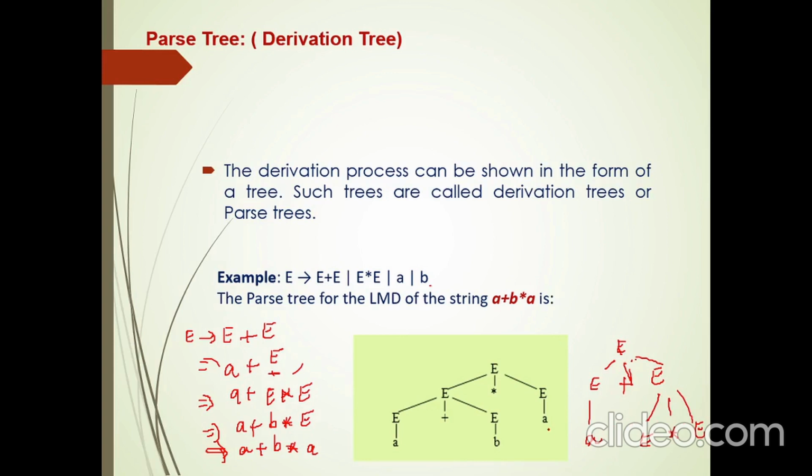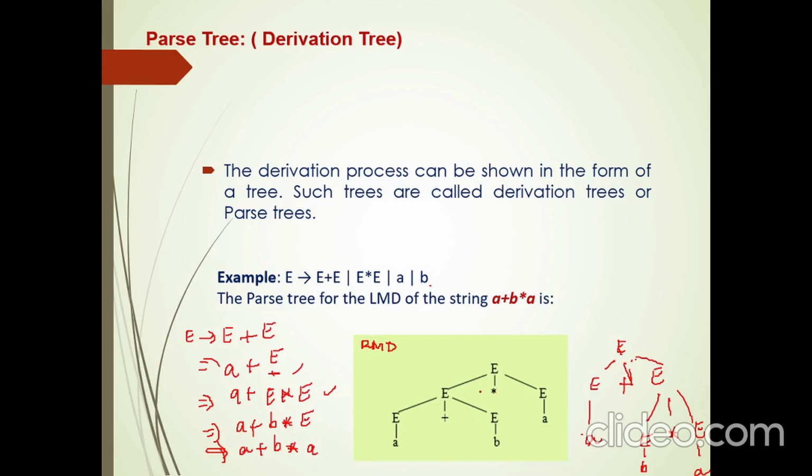Now look at the leaves. It is giving you each step of the derivation. A plus E star E. Now I am at this place. Next I have to get B. So this should give you B. Now look at the leaves of the tree: A plus B star E. Next A plus B star A. So this is based on the LMD, and this one has a change.